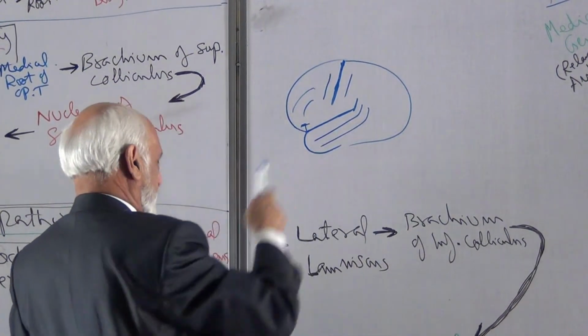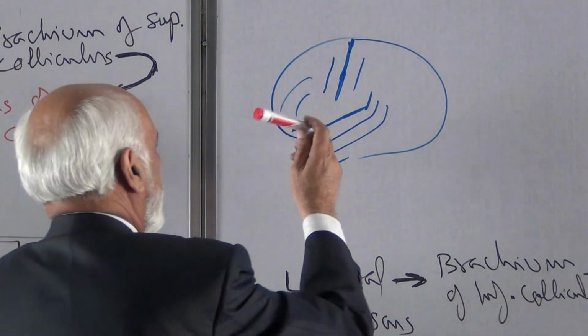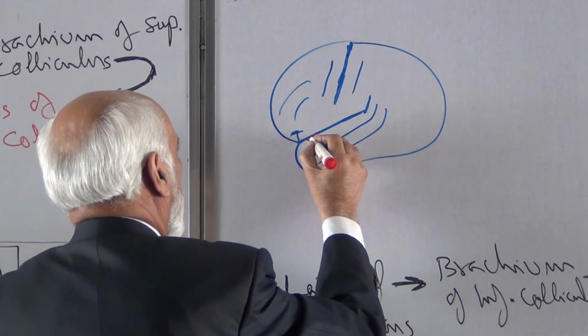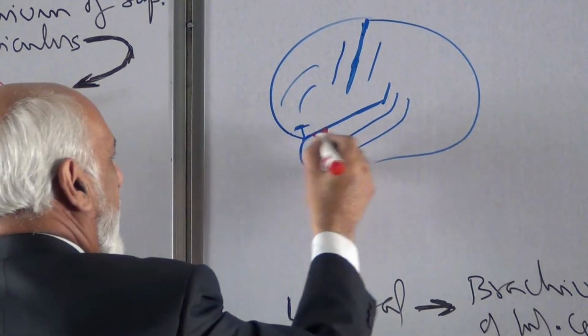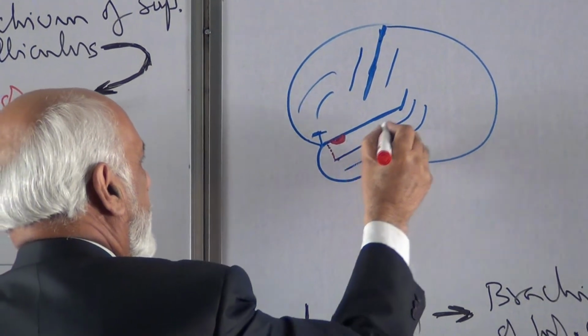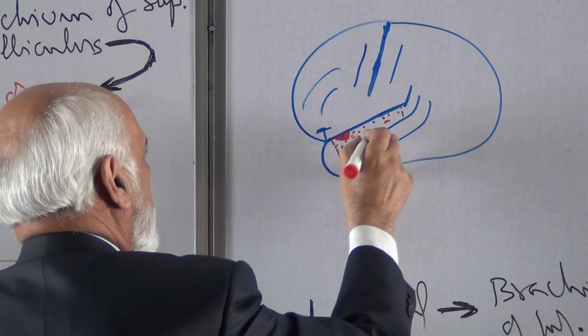So this is the temporal lobe, and here there is the anterior transverse temporal gyrus, and then the adjoining part of the supralateral surface of the superior temporal gyrus.